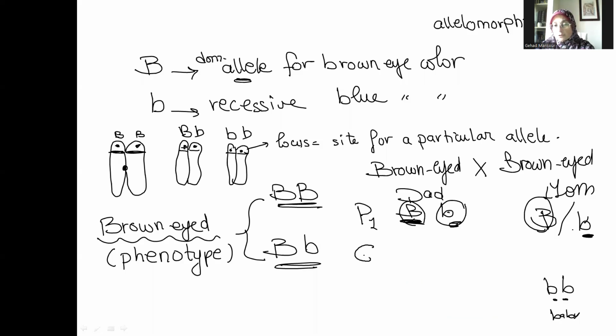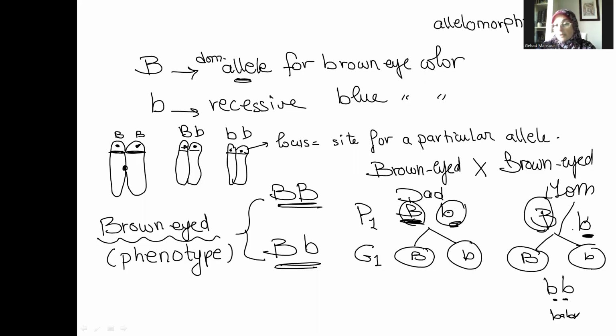Now let's draw the gametes. Here we have two possibilities for the gametes, B capital or B small, and here we have two possibilities for the gametes, B capital and B small. Fusion of that gamete with that gamete will result in B small, B small.